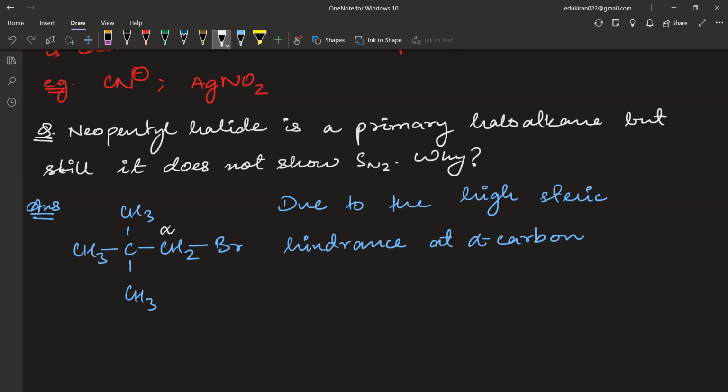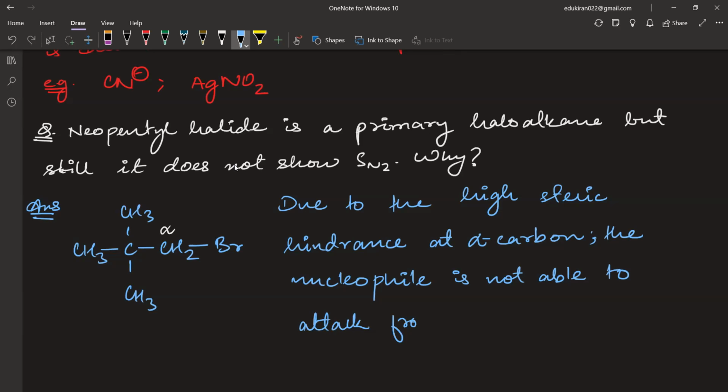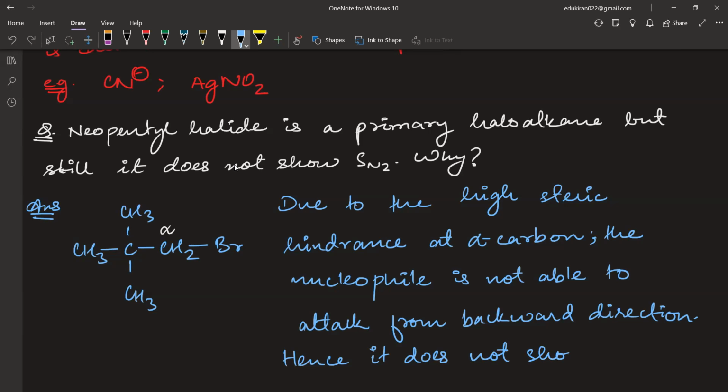That is why due to steric hindrance at alpha carbon, the nucleophile is not able to attack from backward direction. Hence, it does not show SN2.